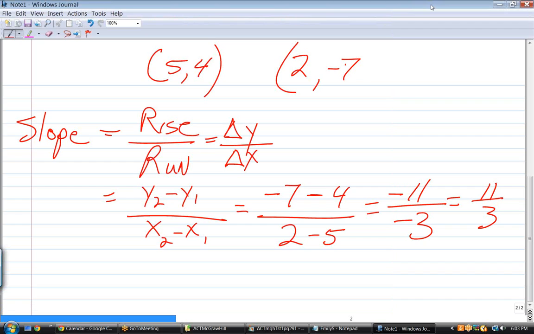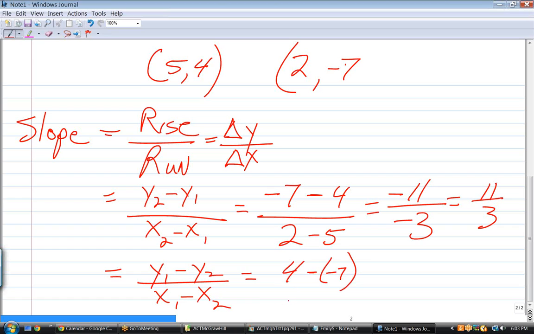Now, something worth noting here is that you can also reverse these if you want. If it makes the math a little easier, as long as you reverse both, it won't matter. I can do y sub 1 minus y sub 2 as long as I do x sub 1 minus x sub 2. And sometimes it really does make the math a lot easier. It's 4 minus a minus 7 divided by 5 minus 2.